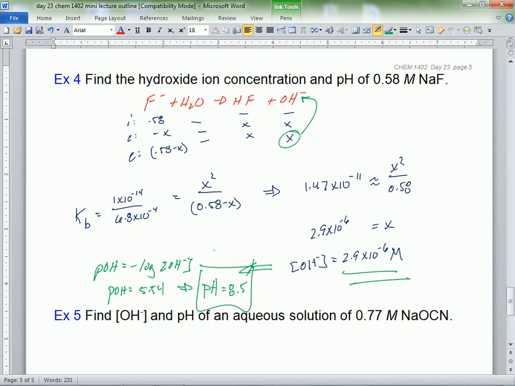Yep. Good. Muy bueno. Sabina got about 2.8 times 10 negative 11 for it. Yeah, that's your Kb, somewhere around there.